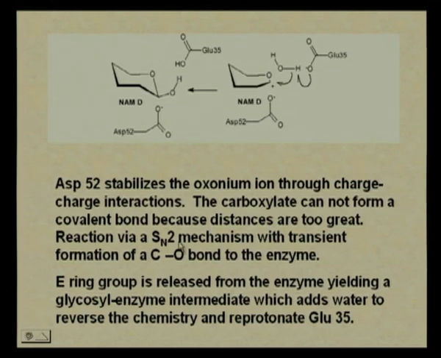Okay? So, that is the way this would form. So, we have a reversal in the chemistry that has occurred, and we reprotonate glutamic acid 35.